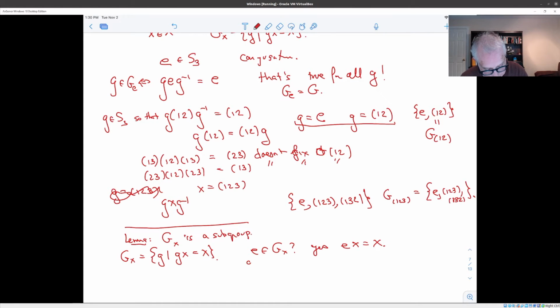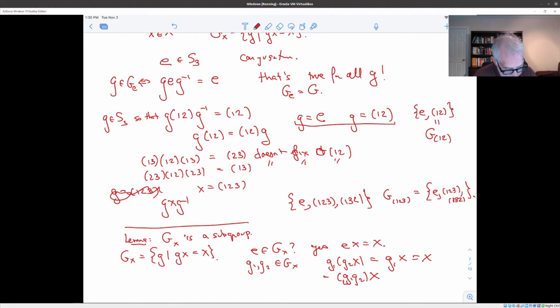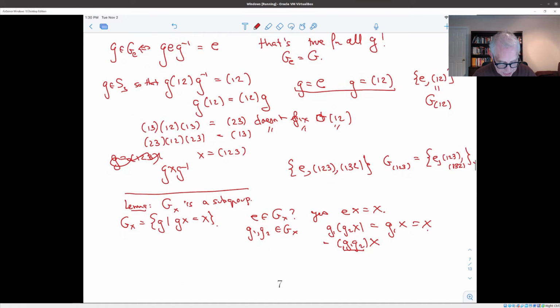Is it closed? If g1 and g2 are both in G_x, then g1 times g2x is g1 times x, because g2x is x. So this is g1x, which is x again, because both g1 and g2 fix x. But that's equal to g1g2x. So g1 times g2 also fixes x.